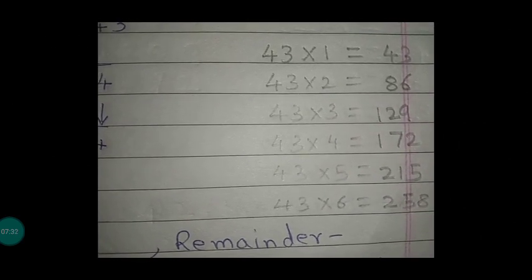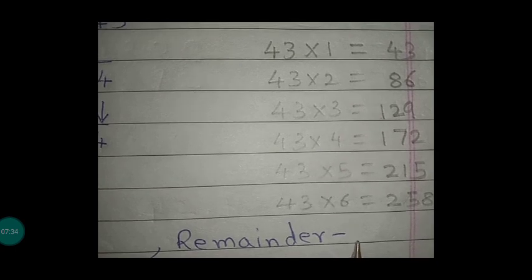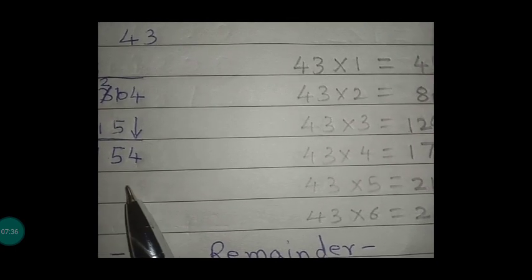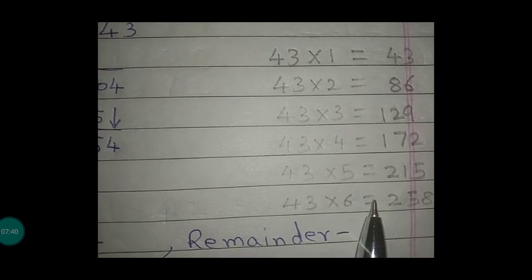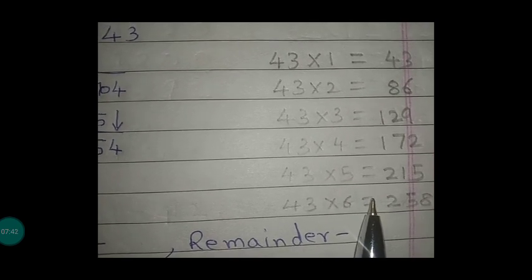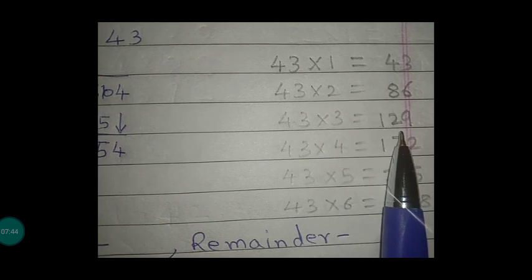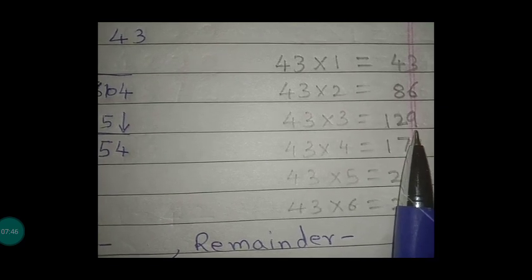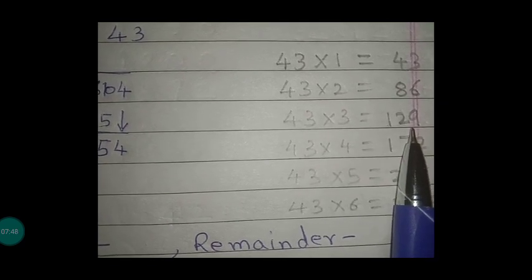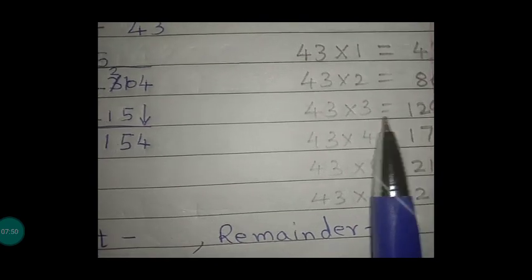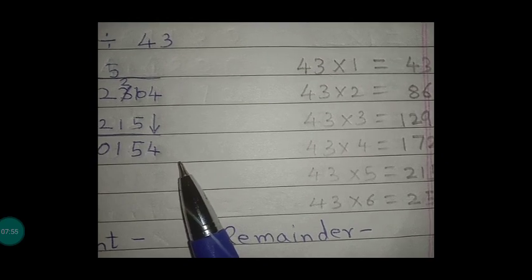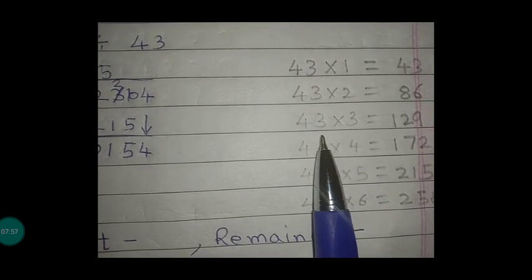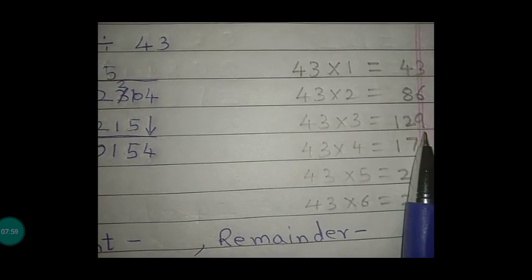So you will find a number just smaller than 154 in this table. So in this table 129 is the number which is just smaller than 154. And so you will write 43 3s is 129.